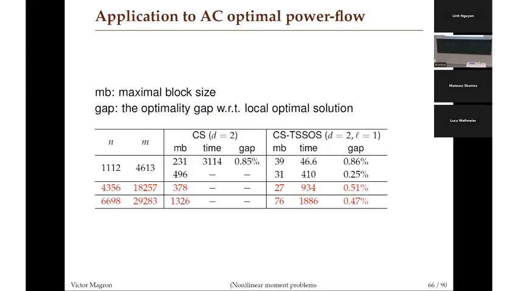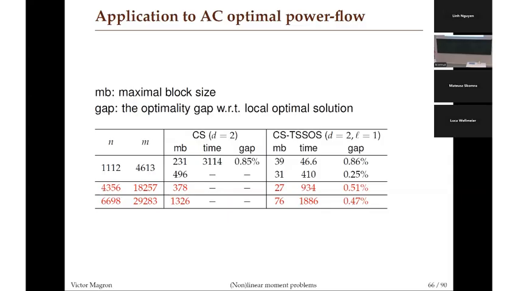N is the number of variables, so the number of nodes. And M is the number of constraints, so the number of optimal power flow constraints and also the bounds that the operators prescribe in order that the system doesn't explode, for instance. So you can see that this is completely unreasonable.